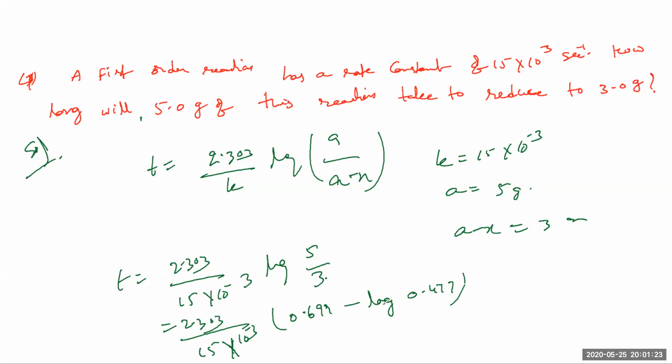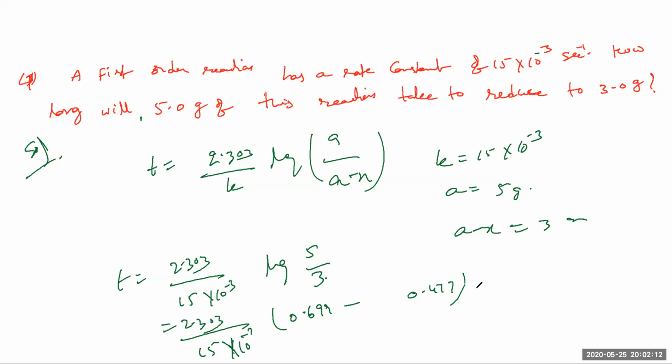Now you can calculate. It is 10 power minus 3, sorry, the light is not proper here. 10 power minus 3 is the right value.